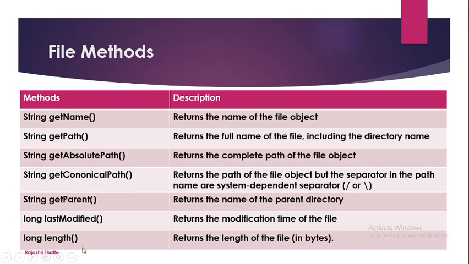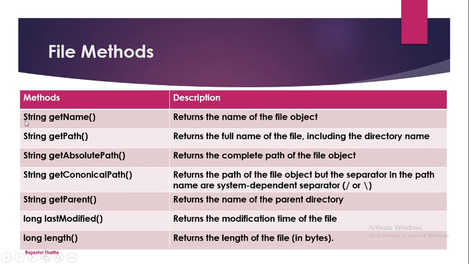All these methods, getName, getPath, getAbsolutePath, getCanonicalPath, getParent, lastModified, length, are instance methods. Meaning, if we want to call any of these methods, we require an object of the File class. How do I identify that these are instance methods?